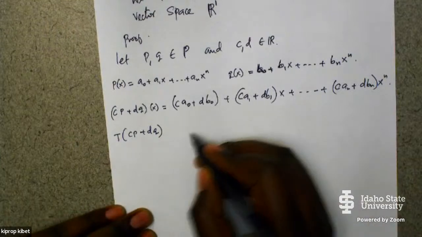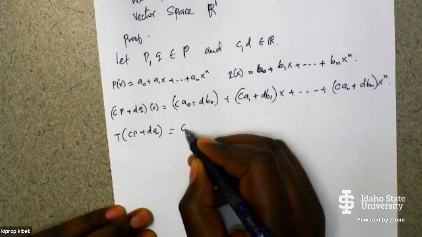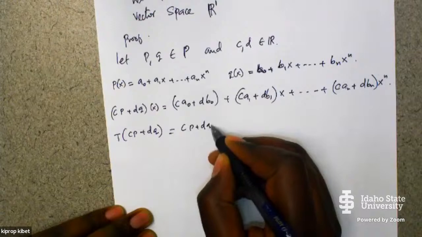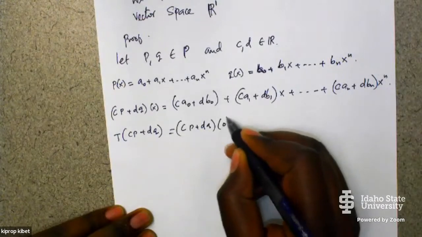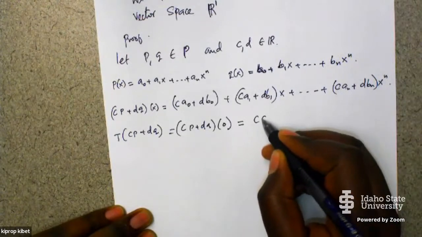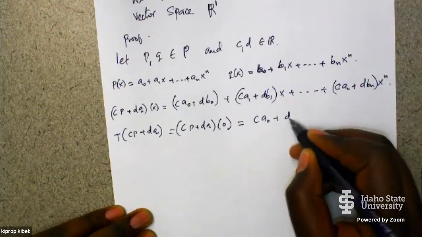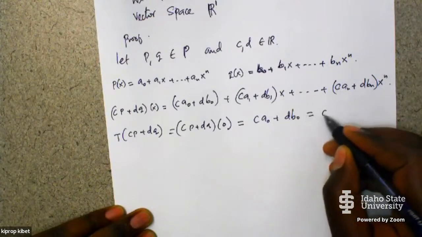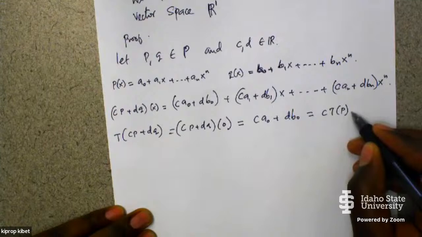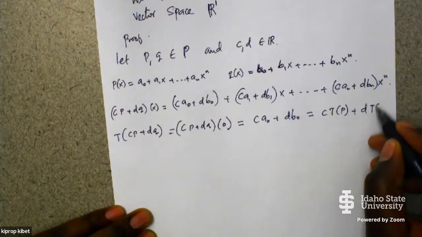It is equal to cp plus dq at 0, which is equal to c a naught plus d b naught, which is the same as c T(p) plus d T(q).